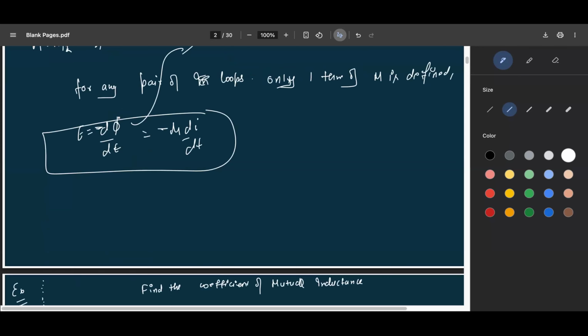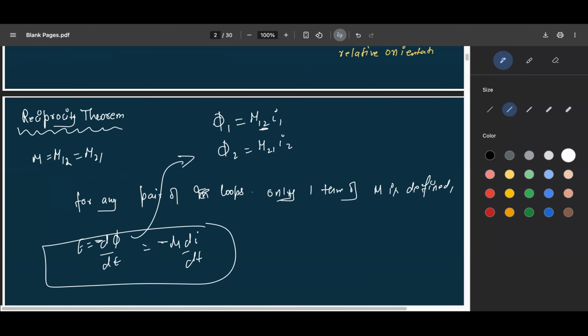I made a small mistake. It should be two and it should be one. Basically, what is the flux in one due to the current in the other one? That is given. So if I make an equation having flux on this side, current on this side, whatever the rest constant part is, that is going to be the mutual inductance. Is that clear?